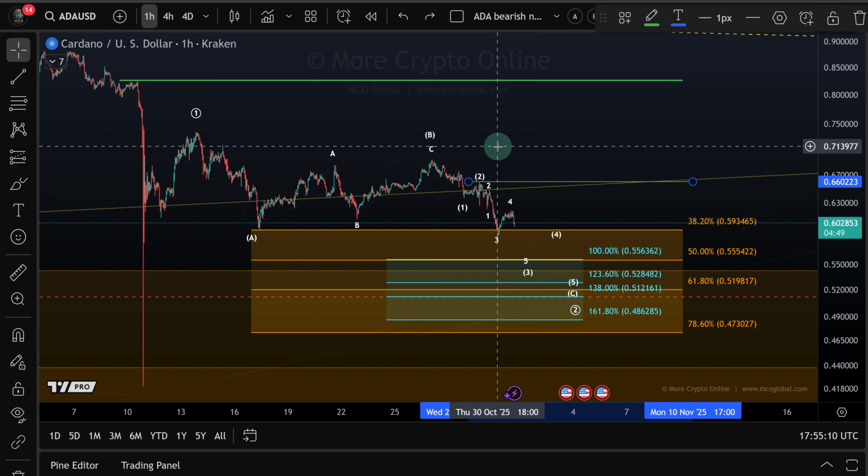The structure at the moment does not give us any clear bullish breakout structures. I always wear my bullish glasses as well, but I have to stay objective here, guys. For now, momentum remains very muted, and we remain caught in a range, possibly with a move towards 55 cents.